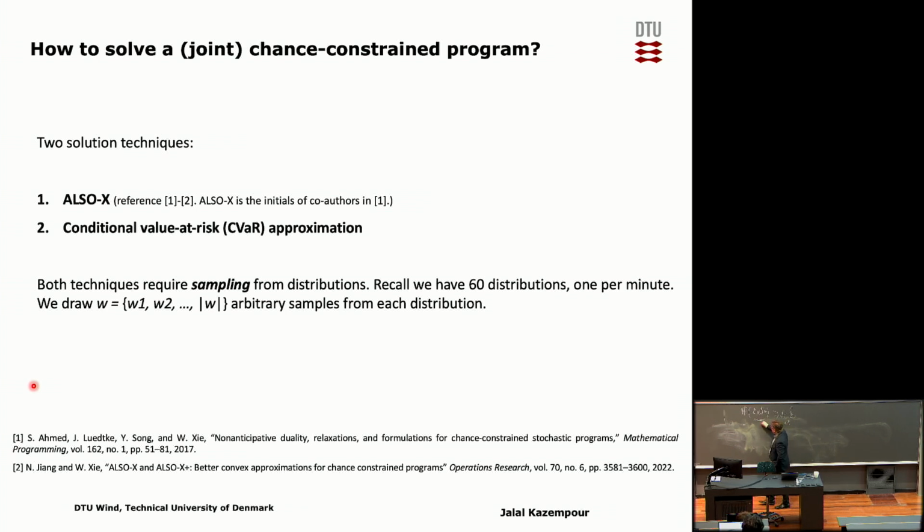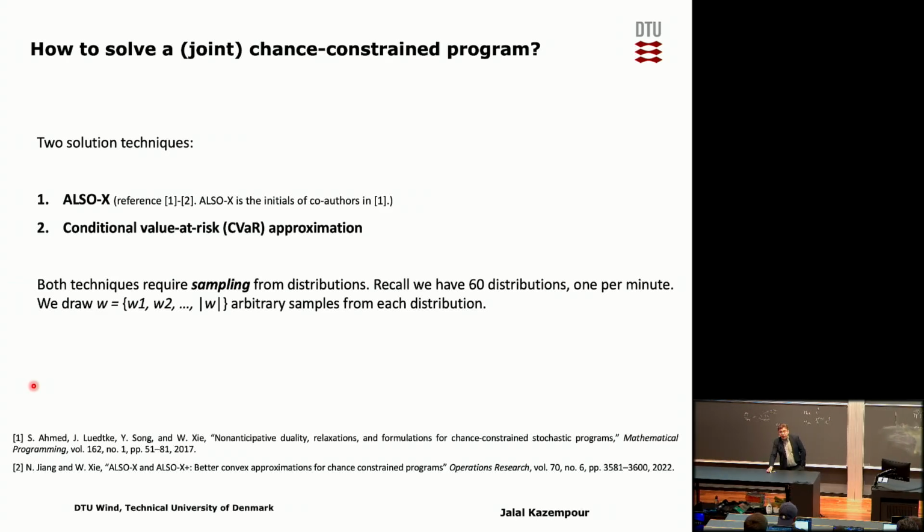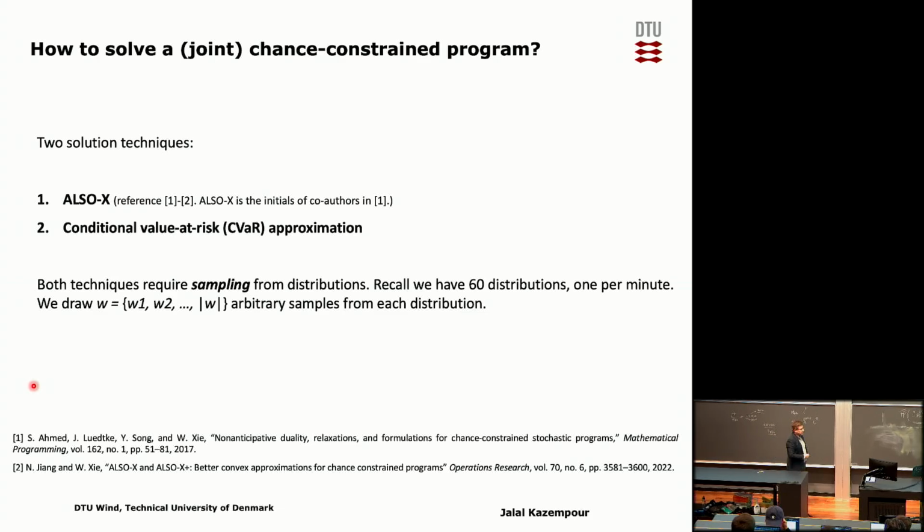Ideally, we can reformulate it analytically if our distribution has good properties, and I'm not going to talk about that. But here we are using empirical distributions, so it is very unlikely that our distribution has the good properties needed for analytical reformulation.